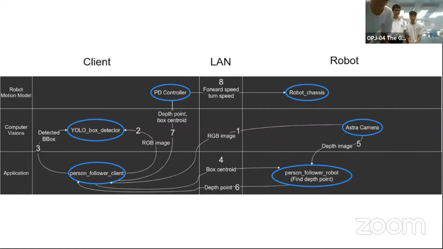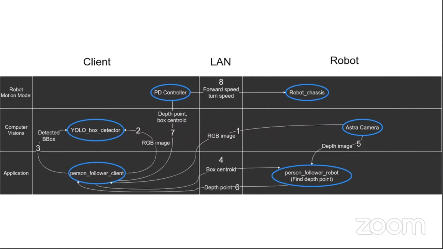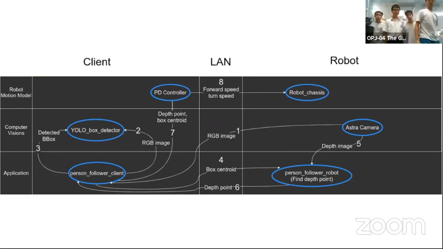So do you use a map or do you use only the vision to follow the person? So actually we didn't use any map, we just used the follow me because we can track whether the person is the target person or not.